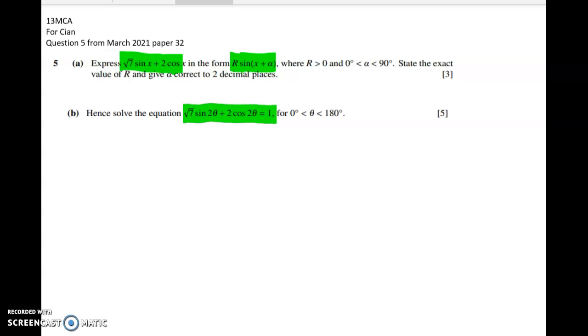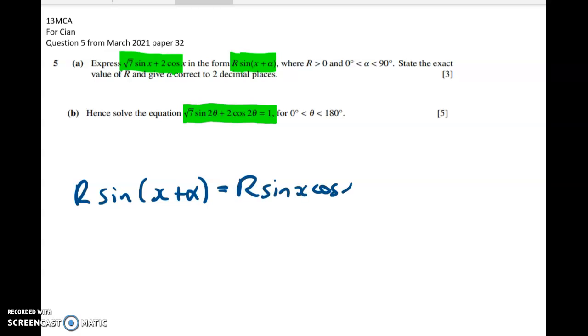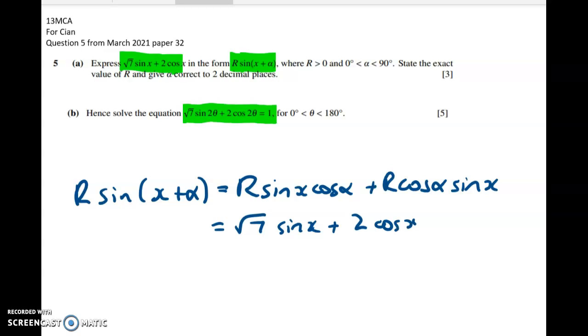Right, so let's look first at part 1. Well, we've got r sine of x plus alpha, and when we expand that we get r sine x cos alpha plus r cos alpha sine x, and we have to match that up with root 7 sine x plus 2 cos x. So that tells me that root 7 is r cos alpha and 2 is equal to r sine alpha.